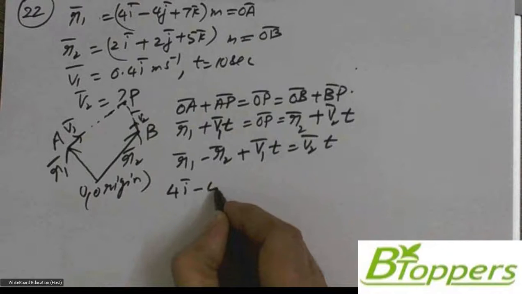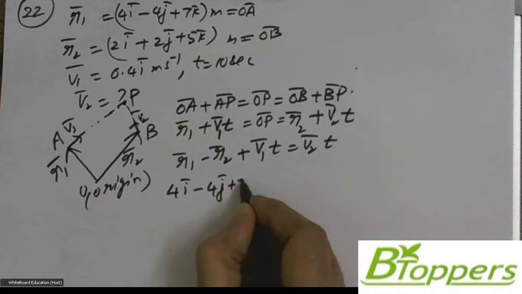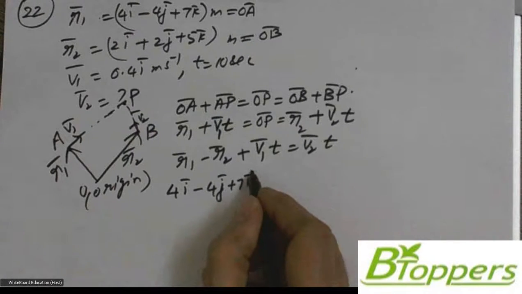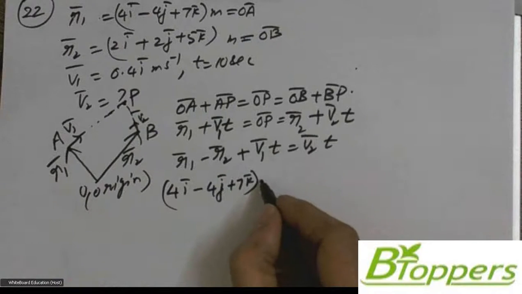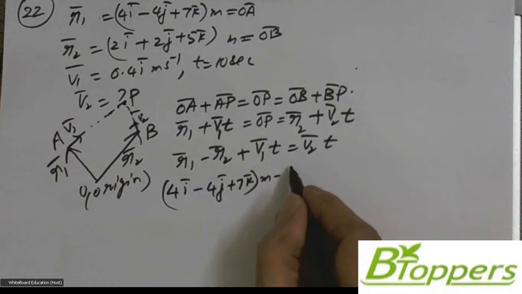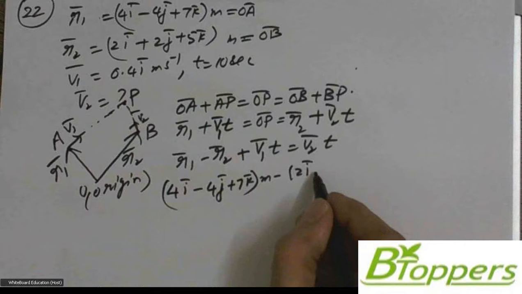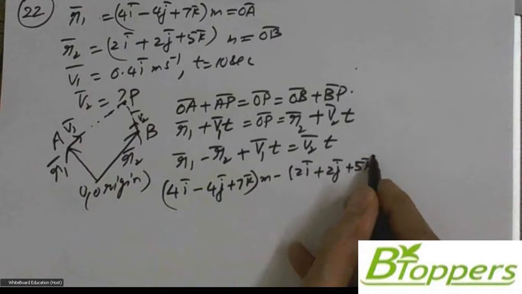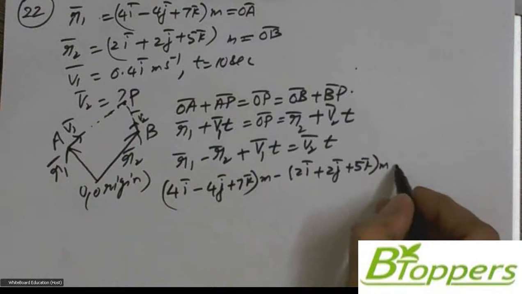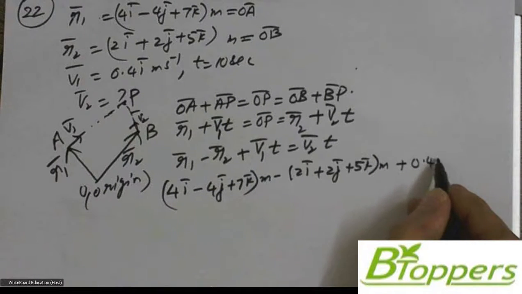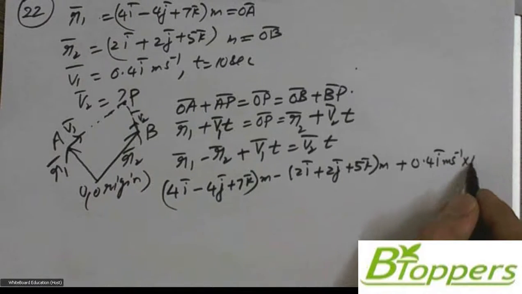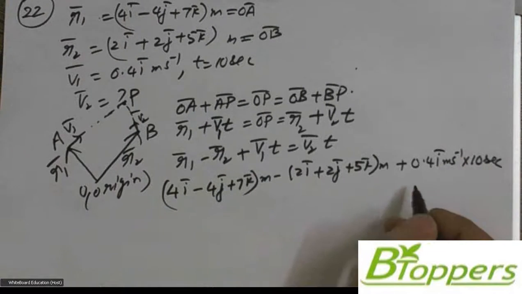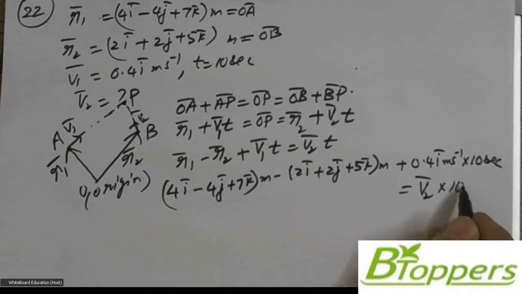R1 bar you can write as 4I bar minus 4J bar plus 7K bar meter. R2 bar equal to 2I bar plus 2J bar plus 5K bar meter. V1 bar equal to 0.4 I bar meter per second, into T which is 10 seconds, equal to V2 bar into T which is 10 seconds.